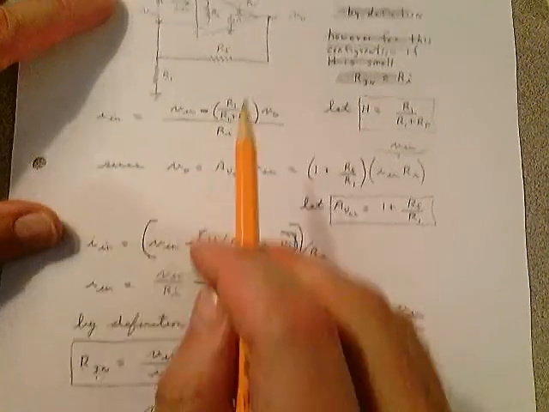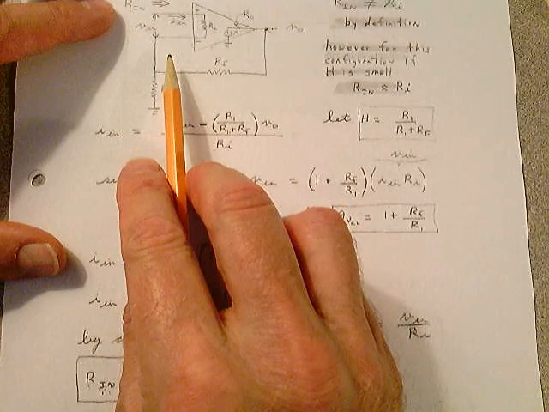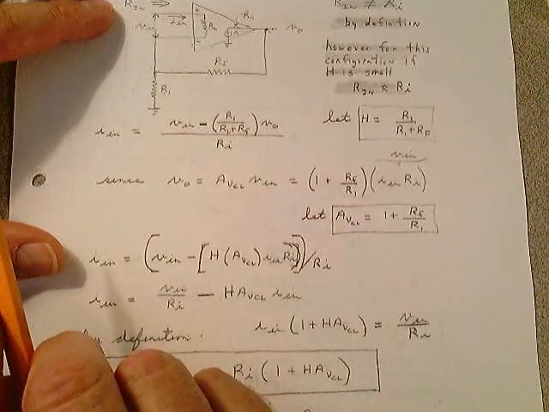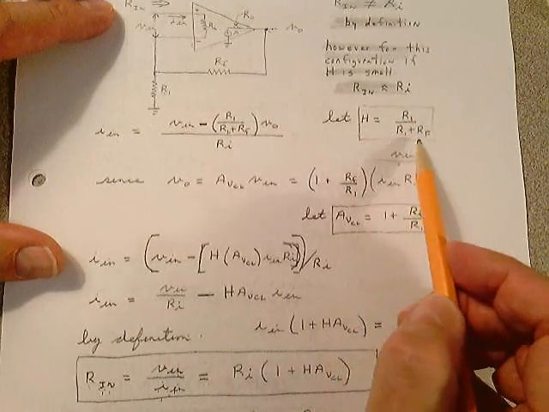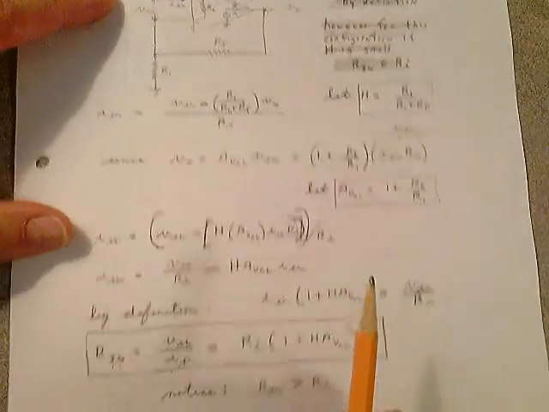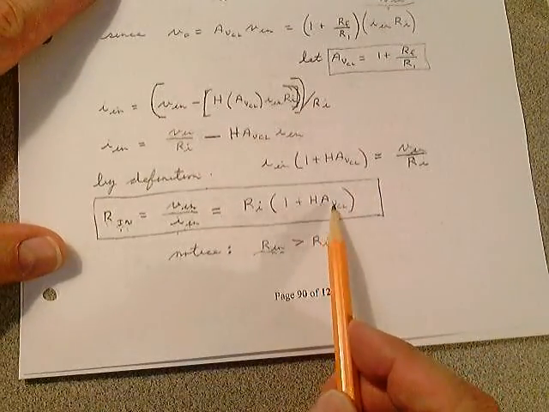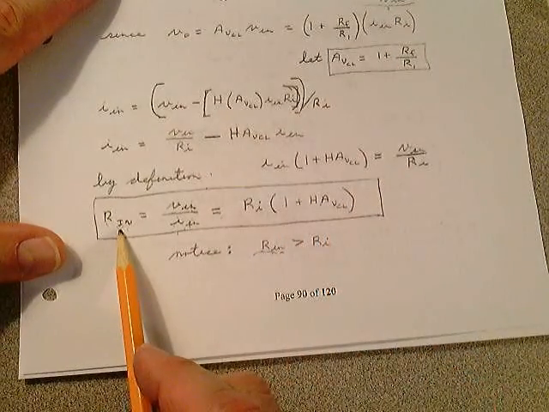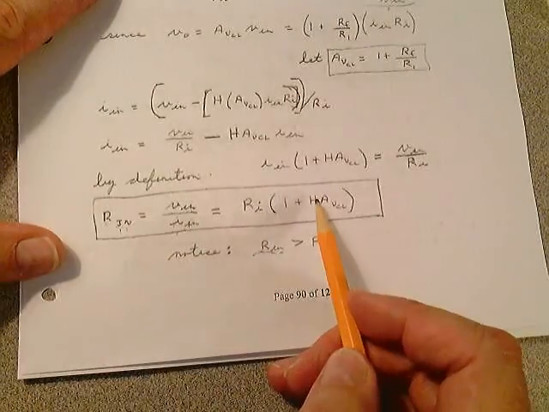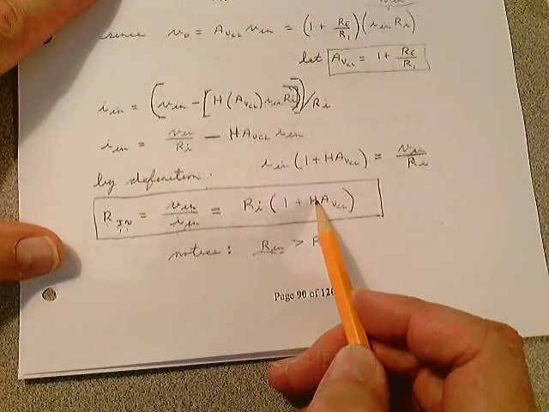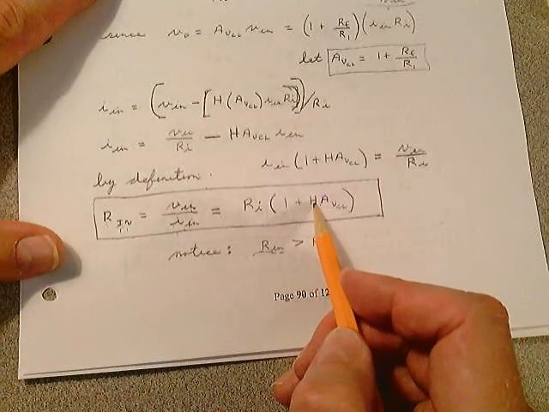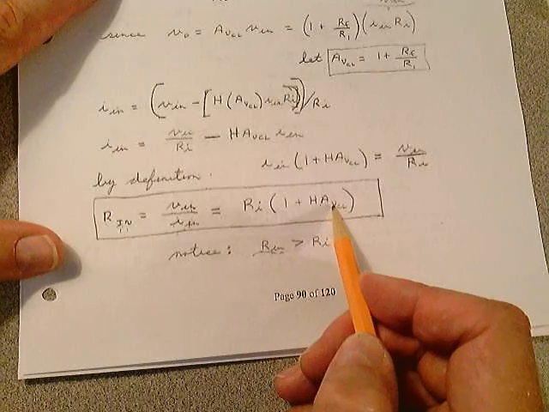However, for this configuration, if H is small, if this value here is relatively small, you can see that Rn is approximately equal to Ri if H is relatively small, because you're taking a real small number here and it brings that gain down.